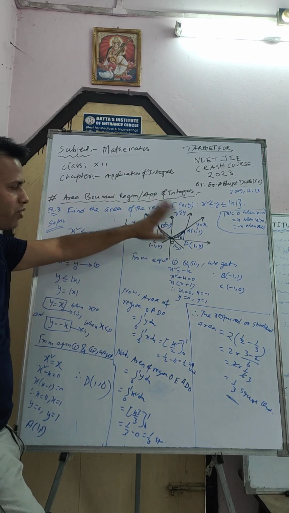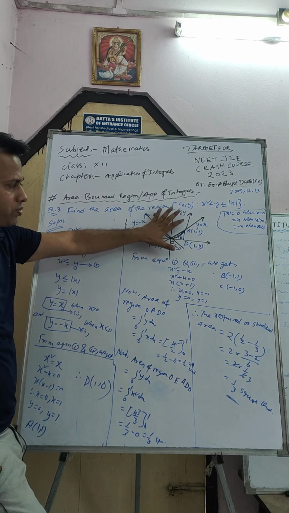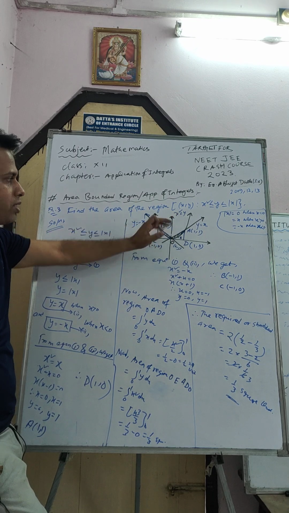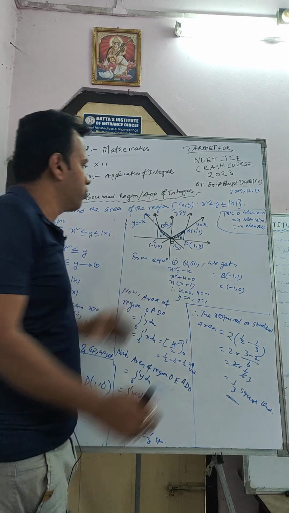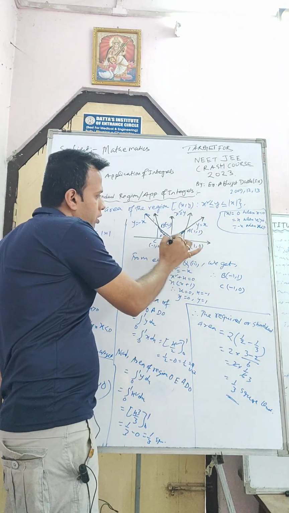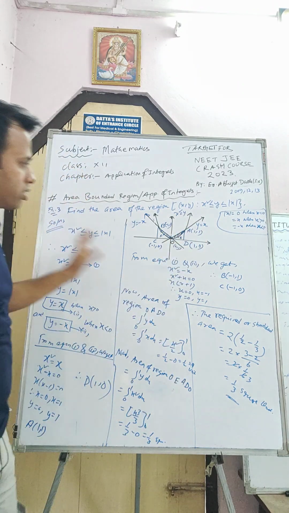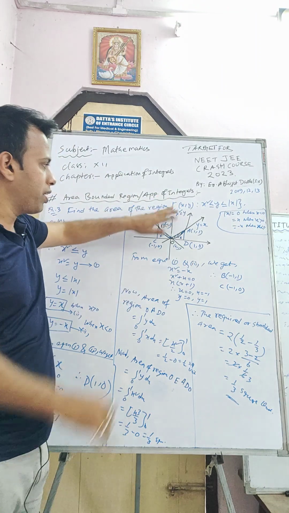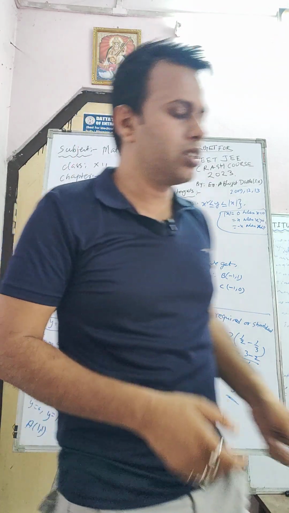After drawing, I find these will be the shaded areas. If you find this area and multiply by 2, it becomes the whole area. First we find the area of this whole part. After that I find the area of the lower part, and after subtraction it becomes this shaded area. Then I multiply by 2 and it becomes the whole shaded area required in the question.